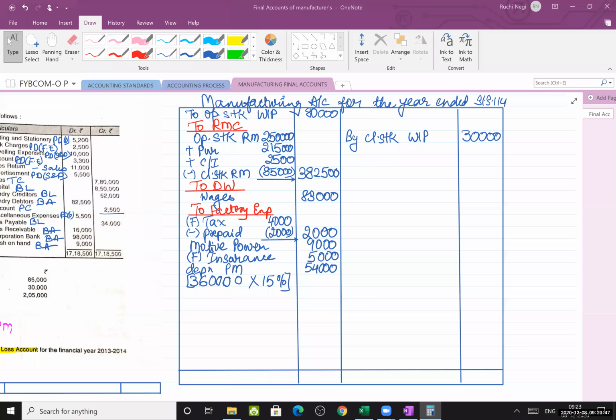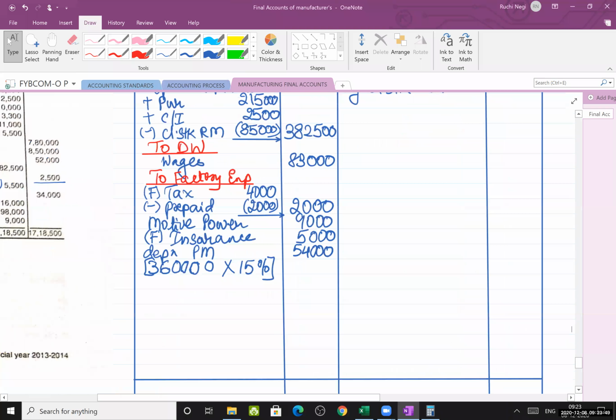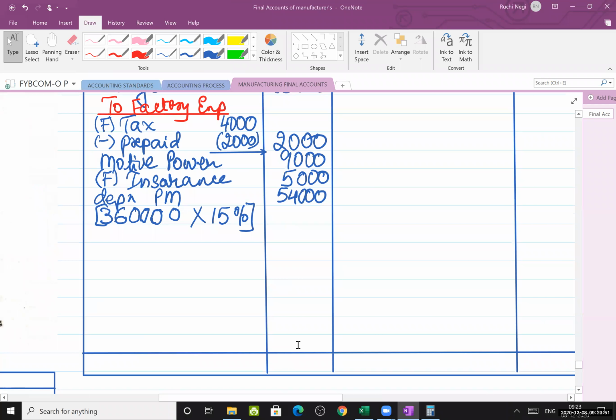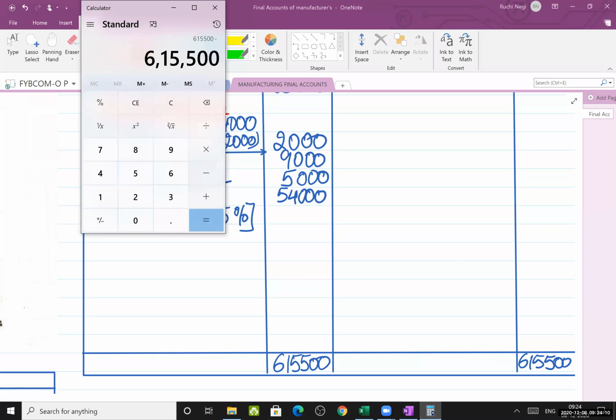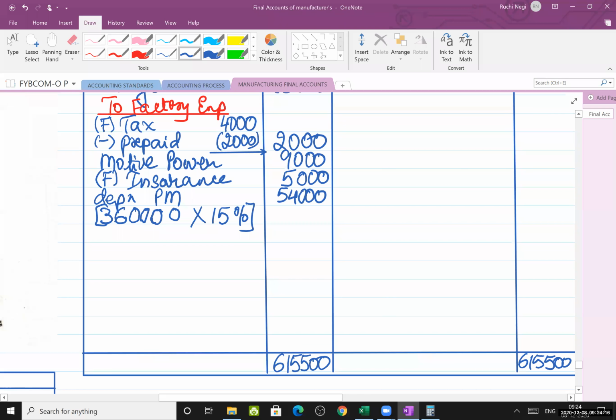So right here 6,15,500. 6,15,500 minus the closing stock of WIP on the credit side, that was 30,000. 5,85,000.